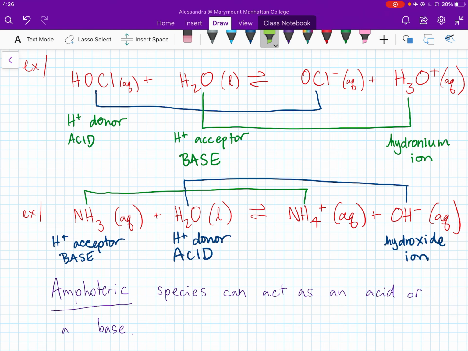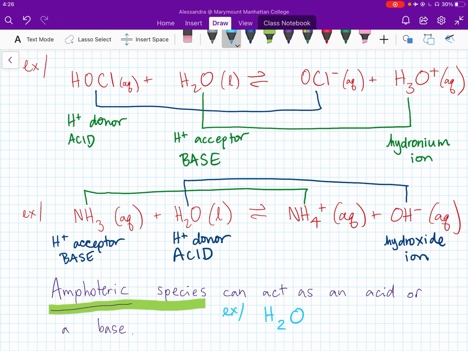So species like this have a special name. They are amphoteric. Amphoteric species have the ability to act as an acid or a base. And water is a great example of an amphoteric species because depending on what it is interacting with, water can act as a proton donor or a proton acceptor.